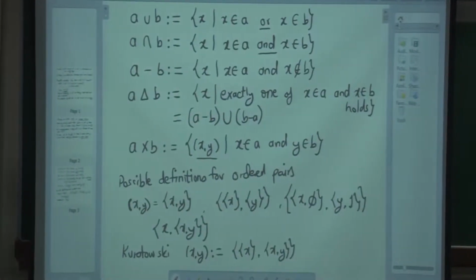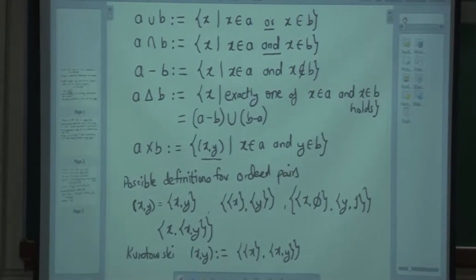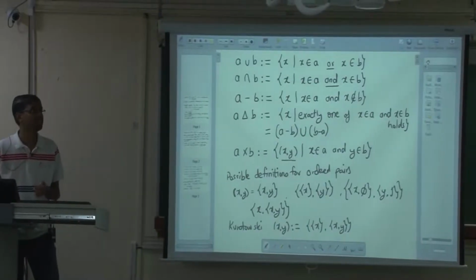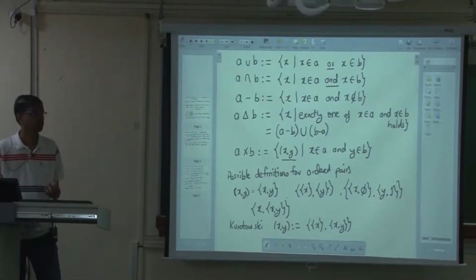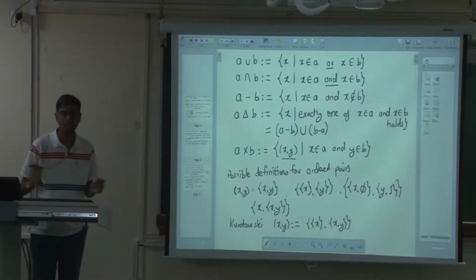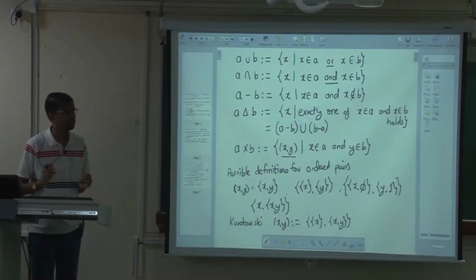First coordinate is the element which is common to both the elements, right? And the second coordinate is the element which is not common. Yeah, it is only an element of one of the elements but not of the other. Right. So this is Kuratowski's definition of ordered pairs.